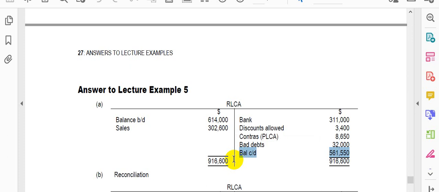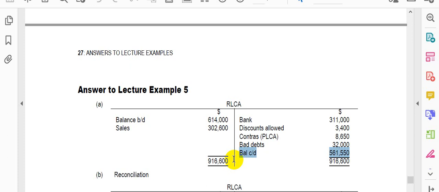Then we get the difference, so we subtract 916,600 minus 311 minus 3.4 minus 8,650 minus 32. That gives us a balance of 561,550, which is our closing balance.